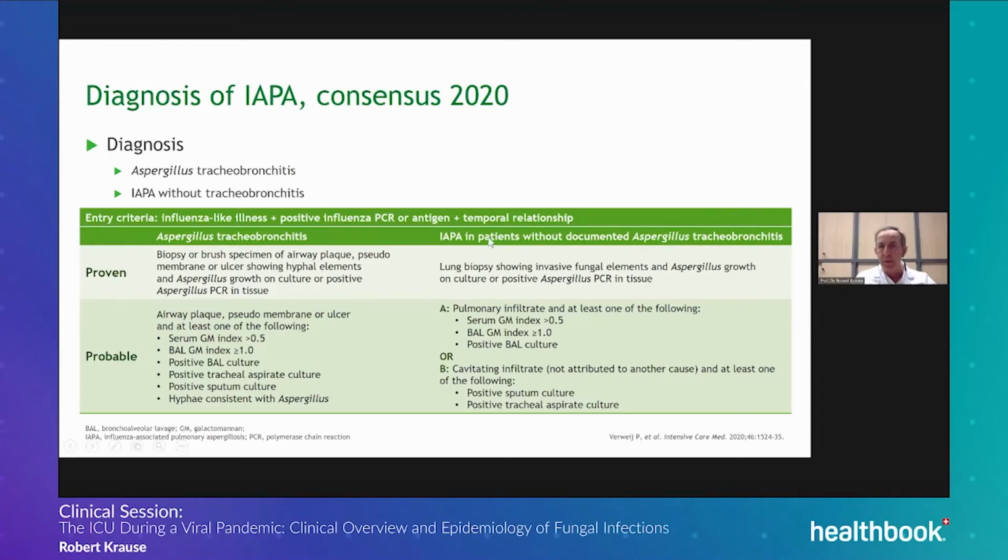And when you look at the right side, where influenza-associated pulmonary aspergillosis in patients without tracheobronchitis is mentioned, you can see that there is a pulmonary infiltrate required and at least one of the following: a serum galactomannan of higher than 0.5, or a BAL galactomannan higher than 1.0, or a positive BAL culture, or a cavitating infiltrate and a positive sputum culture, for example.